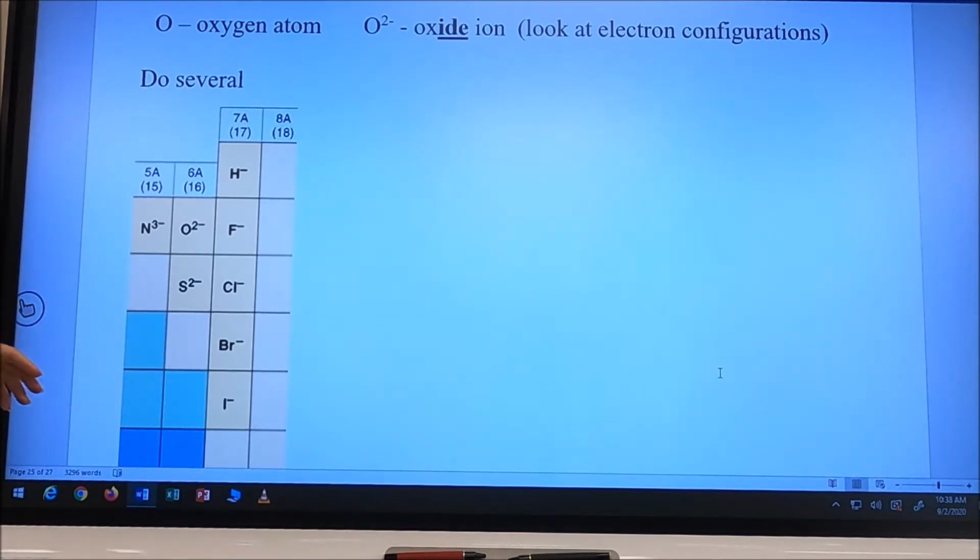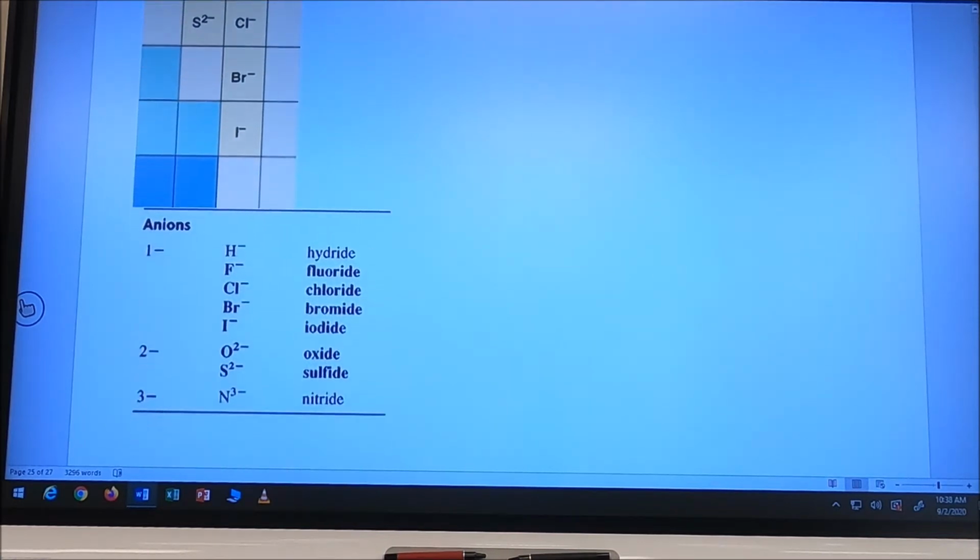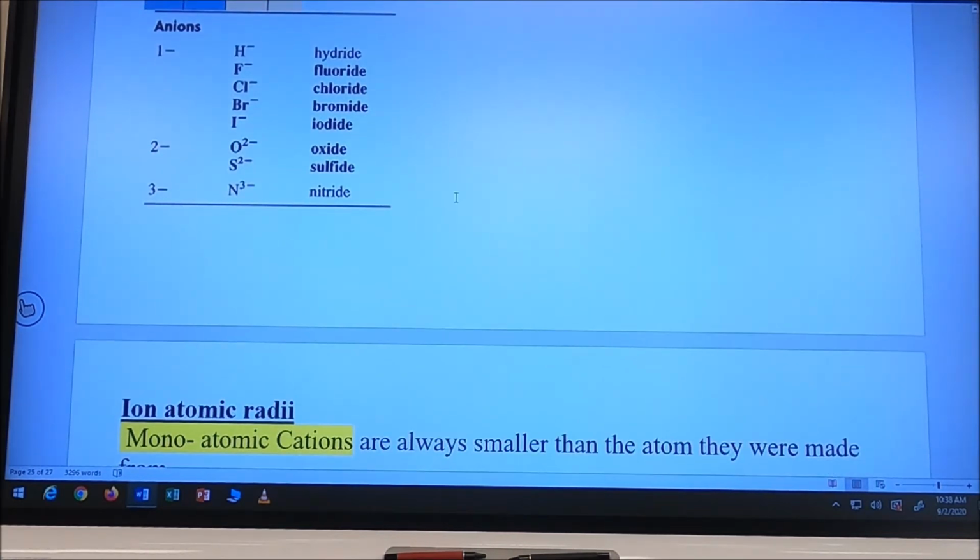Notice that the charge is not included in the name. You're supposed to know from the periodic table what column it's in, what charge it should have. So we have the fluoride ion, the chloride ion, the bromide ion, the iodide ion, the sulfide ion, the oxide ion, the nitride ion. All of their endings have been changed to IDE. So there they are written out for you: hydride ion, fluoride ion, chloride ion, bromide ion, iodide ion, oxide ion, sulfide ion, nitride ion.